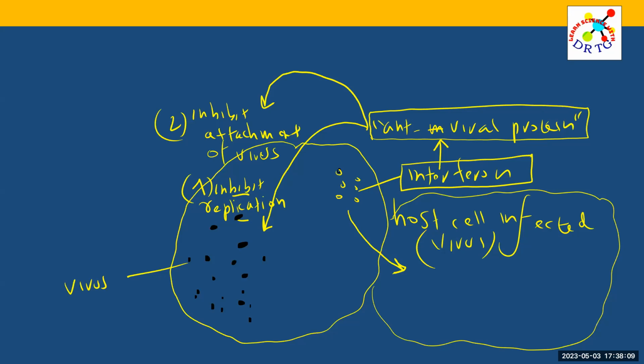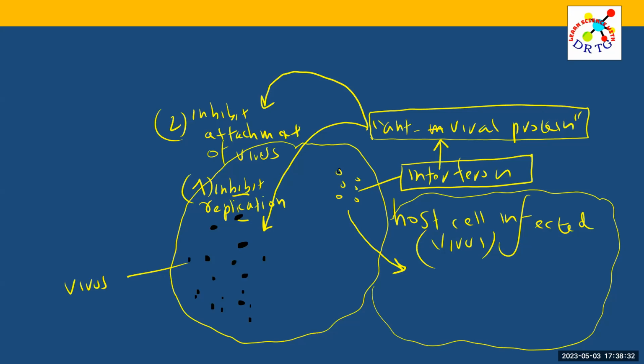It depends on the person's immunity and also on the type of virus. So these are early mechanisms the body is trying to use, because innate immunity is the first line of defense.